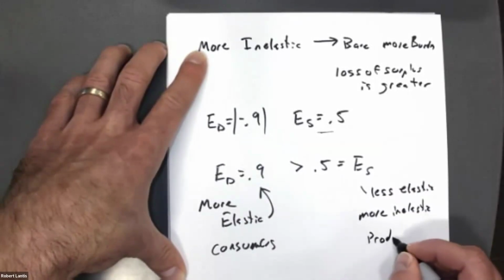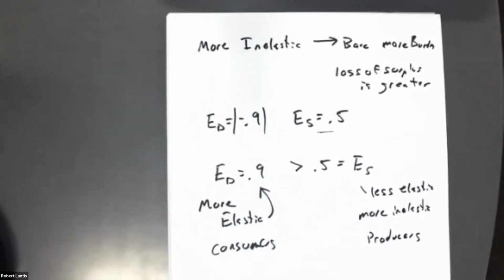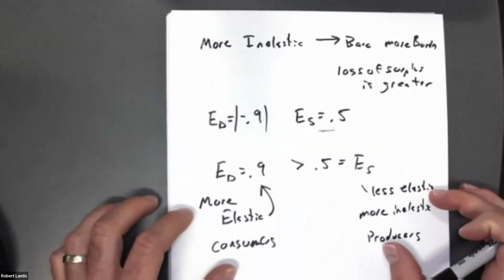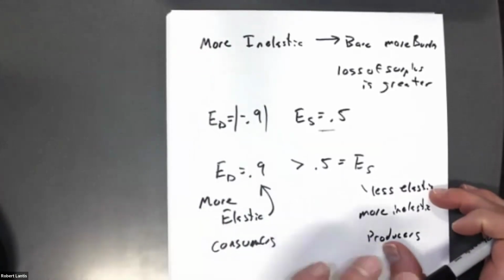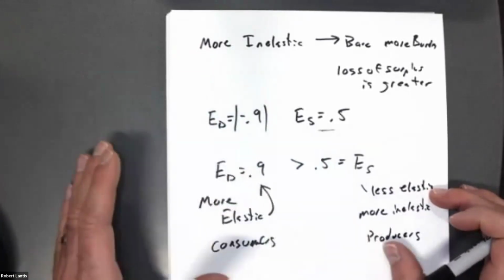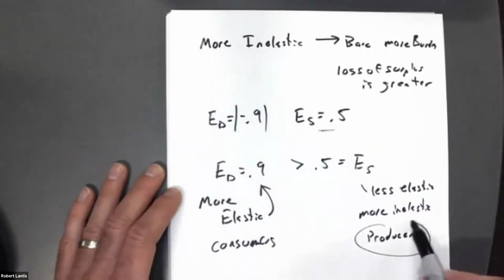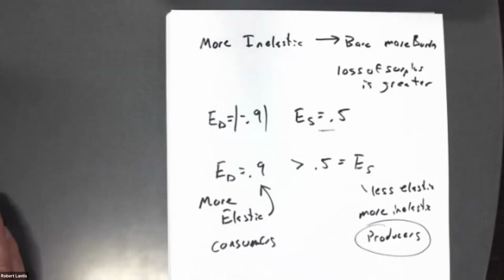That would be our producers or our suppliers. So who's going to bear more of the burden? Whoever is more inelastic, right? They're not avoiding the burden. They're not responding as much to this price change from the tax. So producers are going to bear more of that burden.